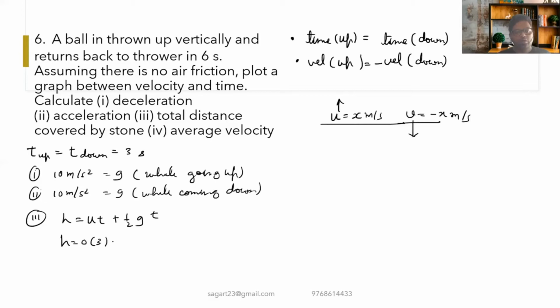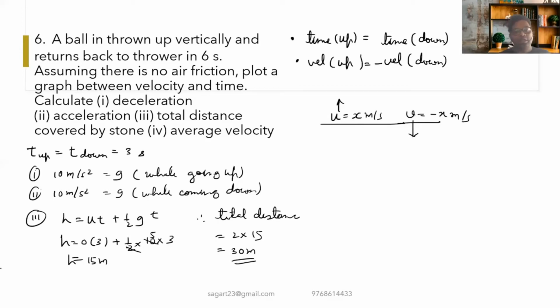So that is 0 into 3 plus half into 10 into 3, and this will be 5. So this is 15 meters, and therefore total distance will be 2 into 15, that will be 30 meters.